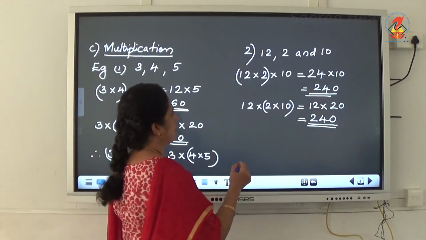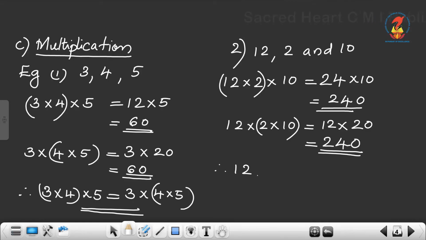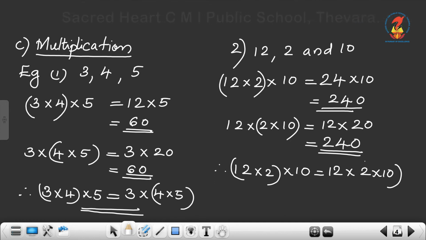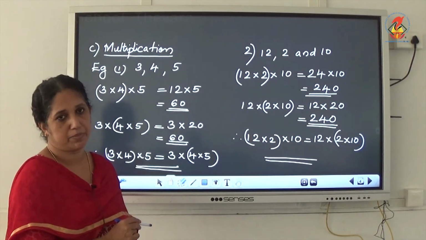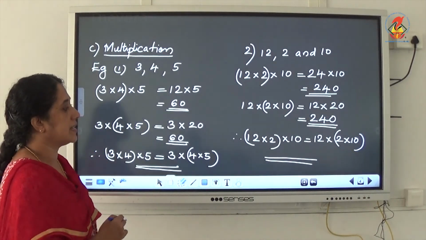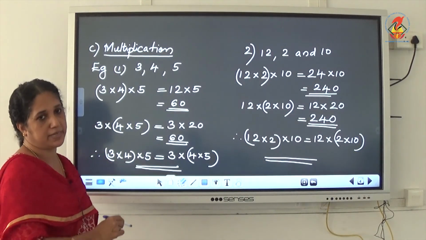Yes, they are the same. Therefore, we can write (12 × 2) × 10 is equal to 12 × (2 × 10). So, from these two examples, we can say that multiplication is associative for whole numbers, or whole numbers are associative under multiplication.